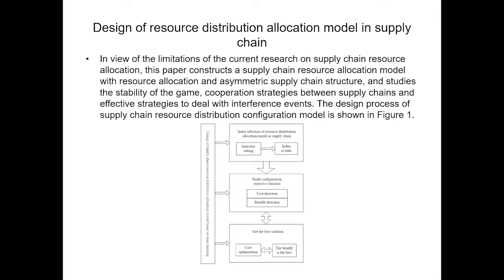In view of the limitations of the current research on supply chain resource allocation, this paper constructs a supply chain resource allocation model with resource allocation and asymmetric supply chain structure, and studies the stability of the game, cooperation strategies between supply chains, and effective strategies to deal with interference events.